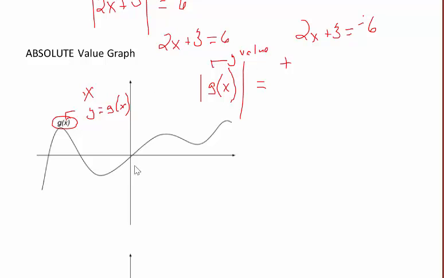Here we need to look at this part of the graph, and everything needs to be positive. This is all the positive values of y, and these are the negative values, aren't they? So the absolute value takes anything that's in the negative area and bounces it up. It makes it go into the positive.